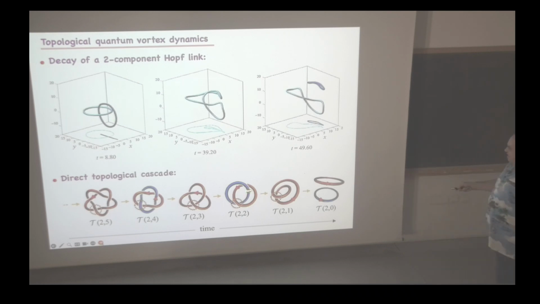We are here, a link, a half link, then there is a transition, there is a reconnection at one place, and then further reconnection, and from the one loop in this case we go to 2 loops, and because of the numerical work we could follow this and this. There is a further reconnection here with the production of 2 rings, and with these things you get a cascade towards the small loops, as expected.